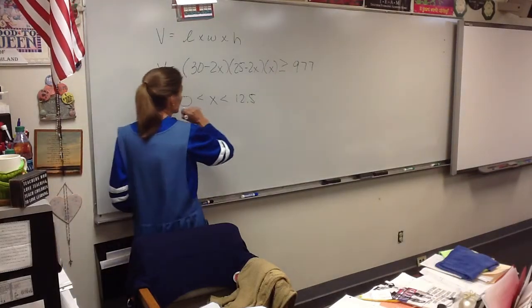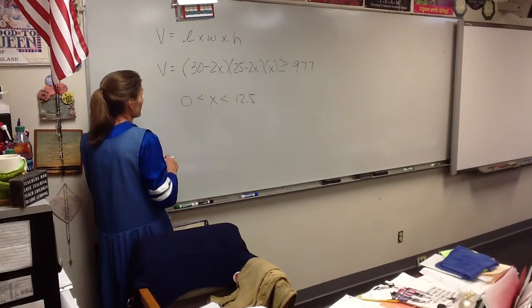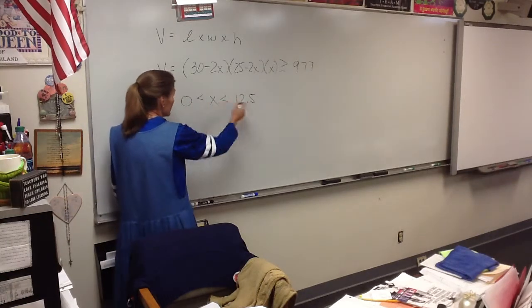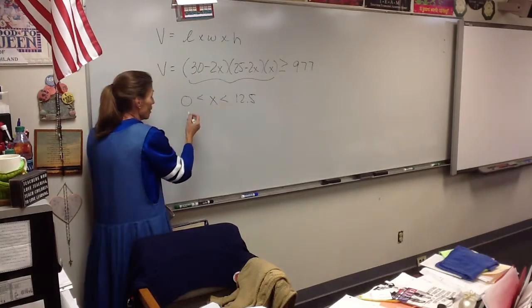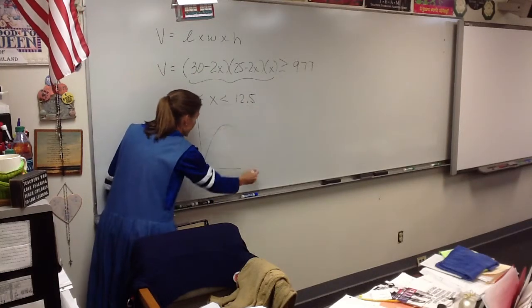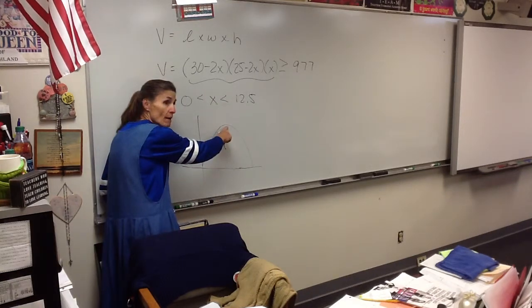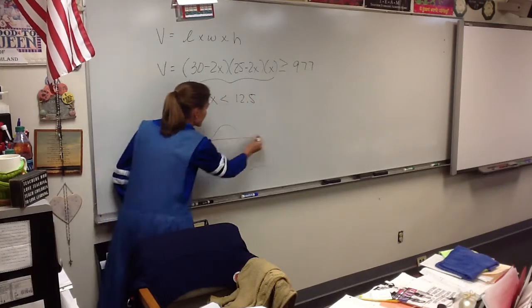So what I would suggest you do, and of course there's always more than one way to do these problems, but you know from before that when you graph this equation on this domain, you're going to get something that looks like this, right? And before we were keying in on that point. Well, we're not anymore. We're going to graph the line 977.